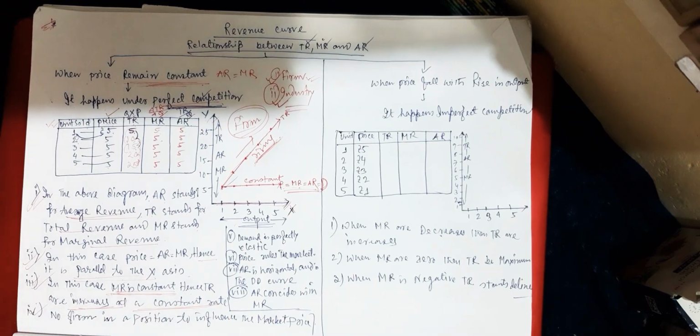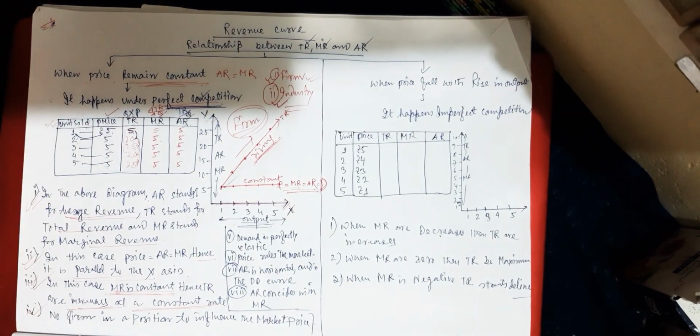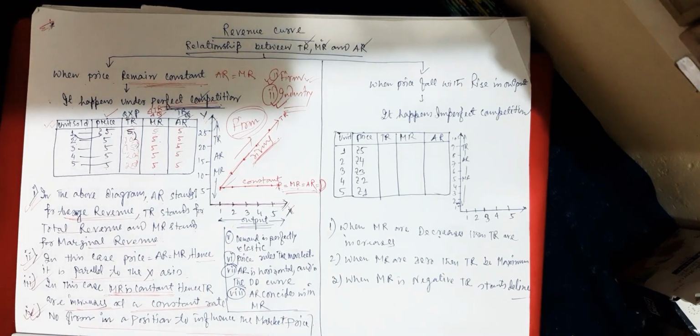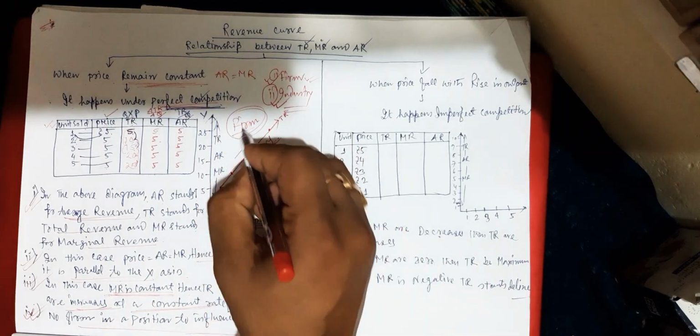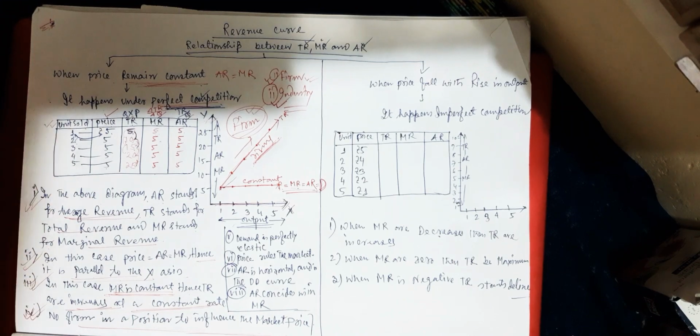Point number 4. No firm is in a position to influence the market price. This is a very important point. You have to understand the points first. Why is it written? Here I said this is the diagram for farm. Farm means retailer or reseller or dealer.